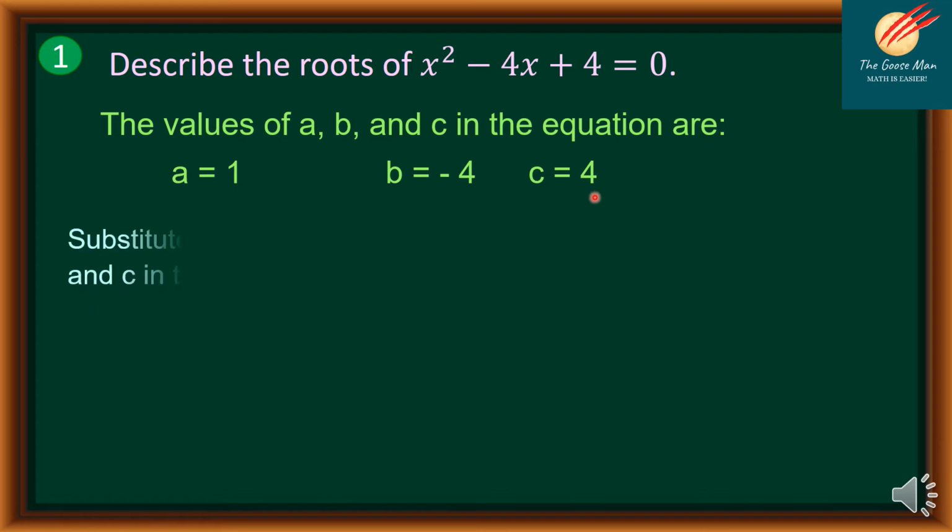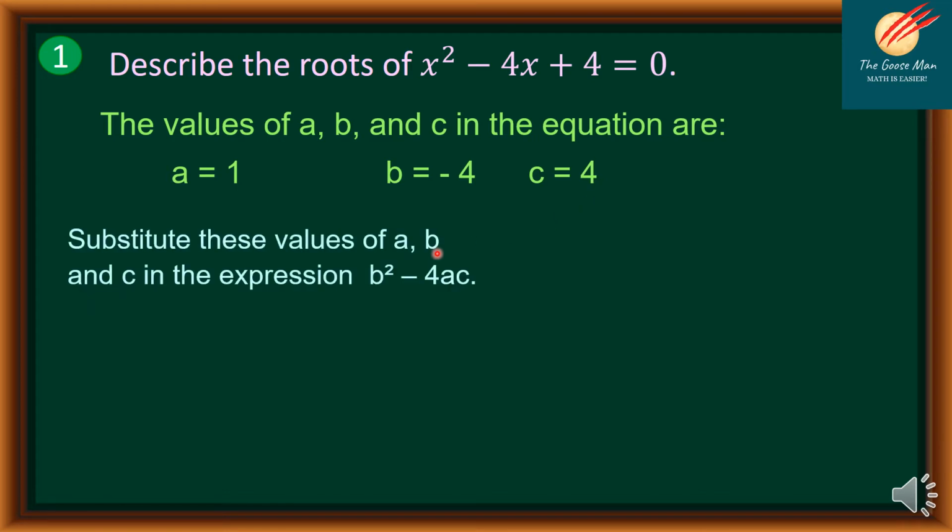Then we will substitute these values of a, b, and c in the expression b squared minus 4ac. So, again, we have negative 4 squared minus 4 times 1 times 4. So, negative 4 squared is equal to 16 minus 16. So, this is equal to 0.